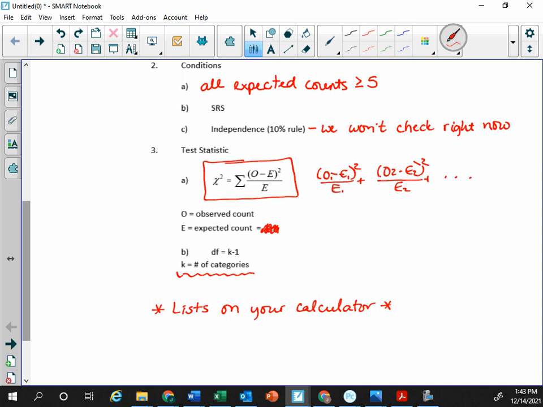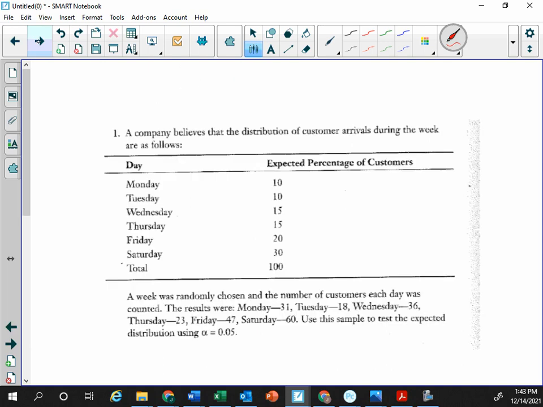Okay, let's try one so you guys can see what all of these pieces are talking about. We've got a company here. They collected some data on the distribution of when customers arrive, what date. So they randomly chose a week, and then they counted the number of customers each day.